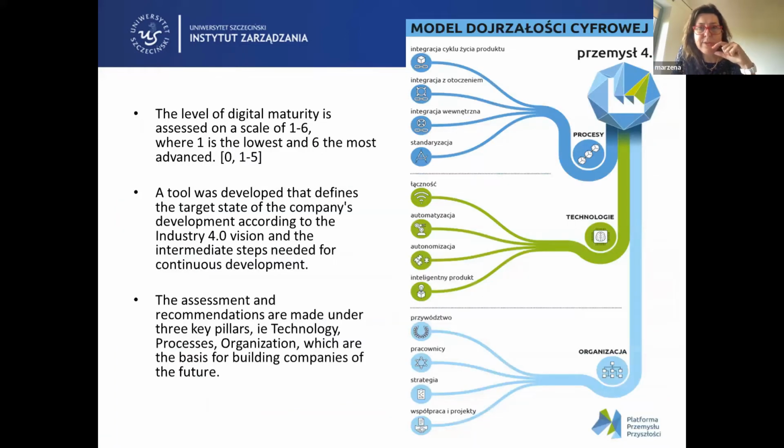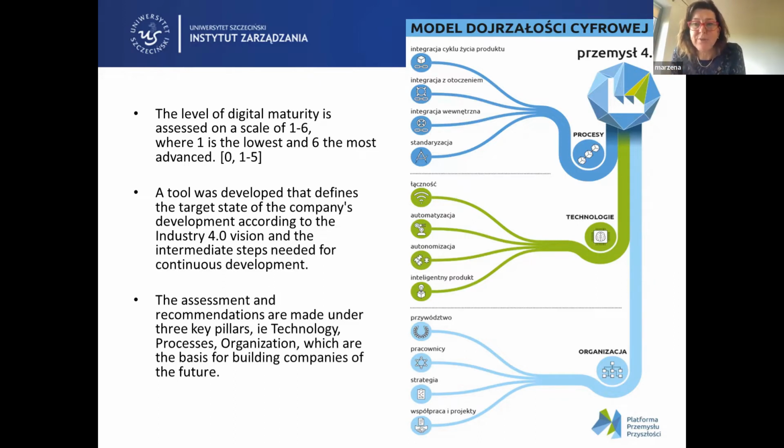Excuse me, it is in Polish, but it was difficult to translate, but you can guess that we have these three pillars: processes, technology, and organization. I think it's a little bit similar to Bahasa Indonesia. This model is elaborated to help businesses, business managers.